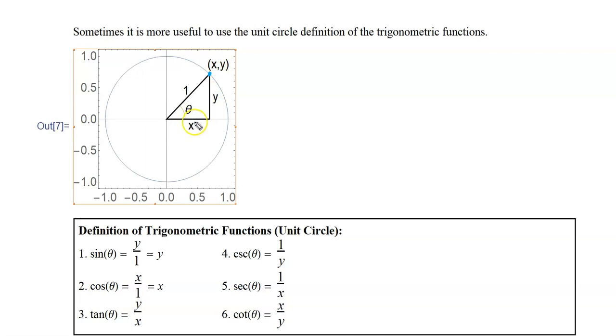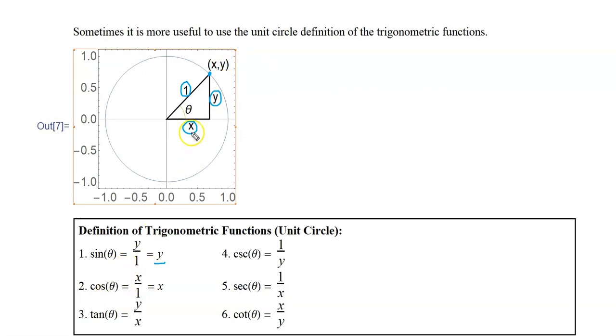So x is our adjacent side now, so this is the adjacent. Y is the length of the opposite side, and notice our hypotenuse is always 1 now. So then we can just define the sine of theta to be opposite over hypotenuse, or just the coordinate y. That's all it is. It's just this coordinate right here. That's going to be the sine of theta.